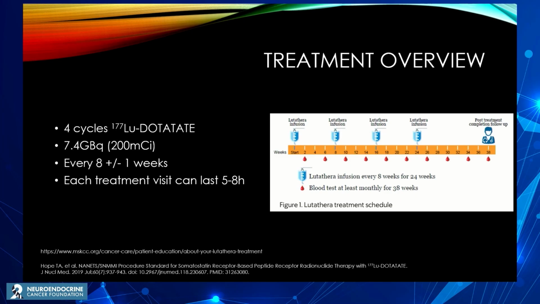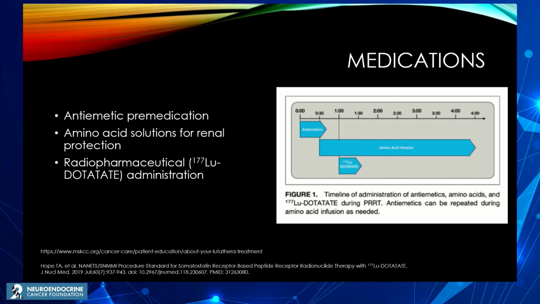Each treatment visit can last 5 to 8 hours because we need to pre-medicate the patients with antiemetics, as one of the most frequent symptoms after the treatment is nausea. It's very important to pre-medicate, and also the amino acid solutions can produce this effect.